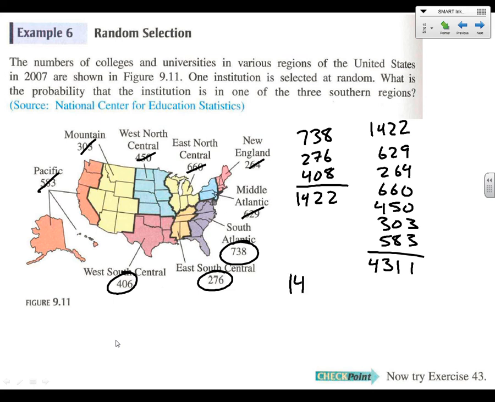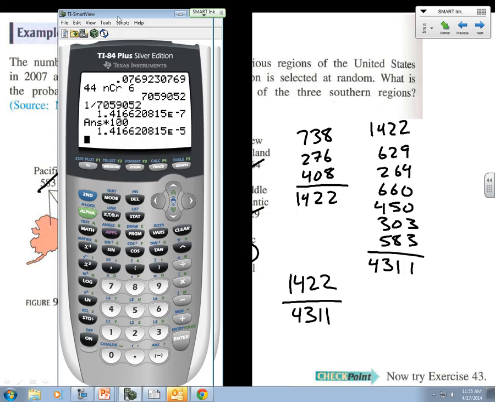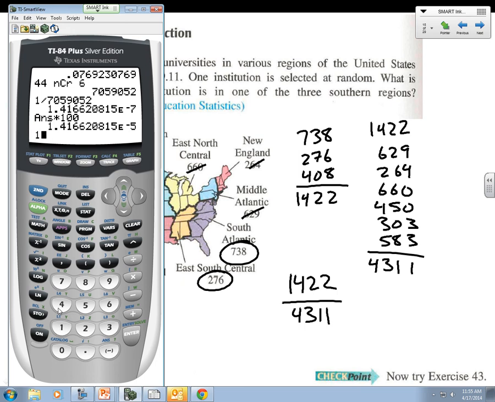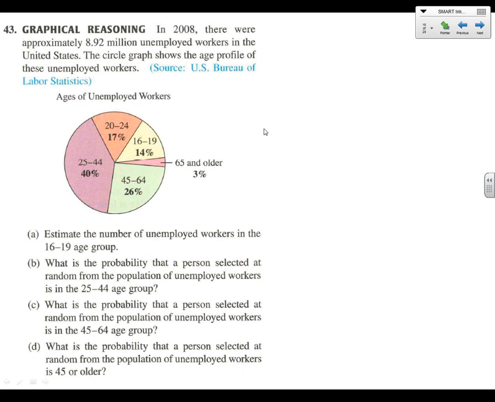So the probability of picking a southern school is 1422 out of 4311. That's not a very nice fraction, so we're probably going to want to talk about this in terms of a percent. Let's divide 1422 divided by 4311. 32.98%. Same type of thinking. Let's see if you can answer these questions on 43.